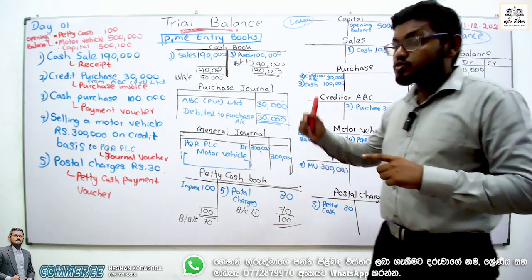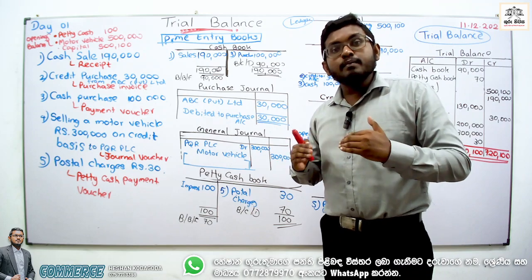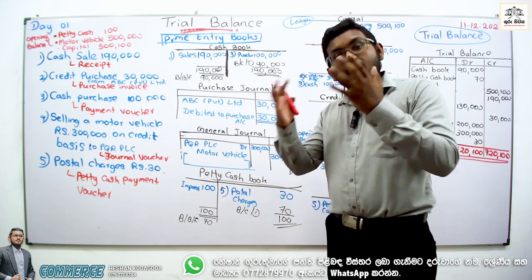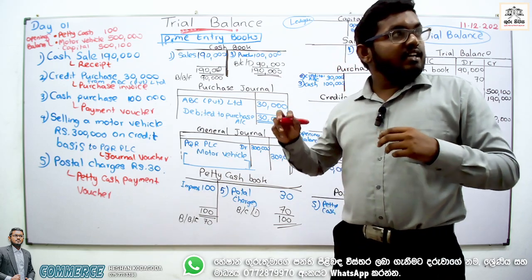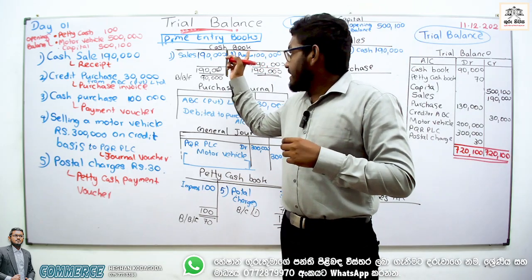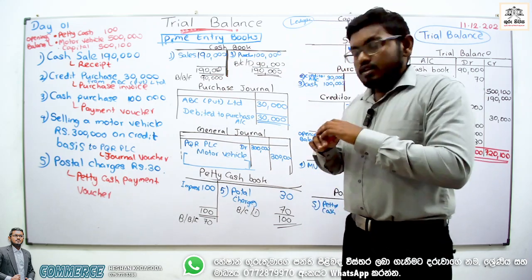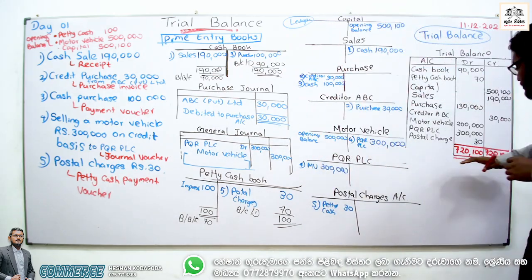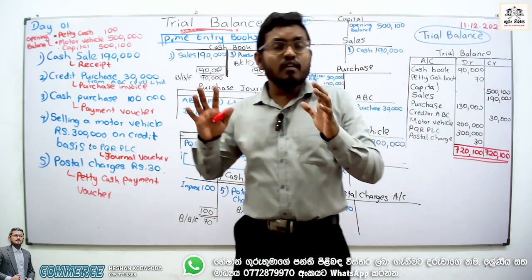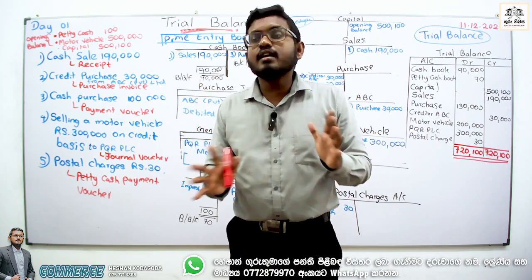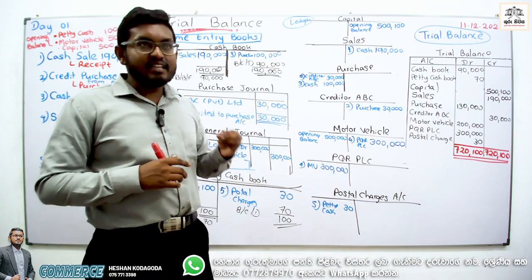But the actual amount should be 10,000. Our trial balance will still tally, even though it is 90,000 more than the actual amount, because the total credit amount equals the total debit amount. Understand? So if our trial balance is balancing, we can't say our accounting process is 100% accurate. So there can be errors. Is it clear to you?